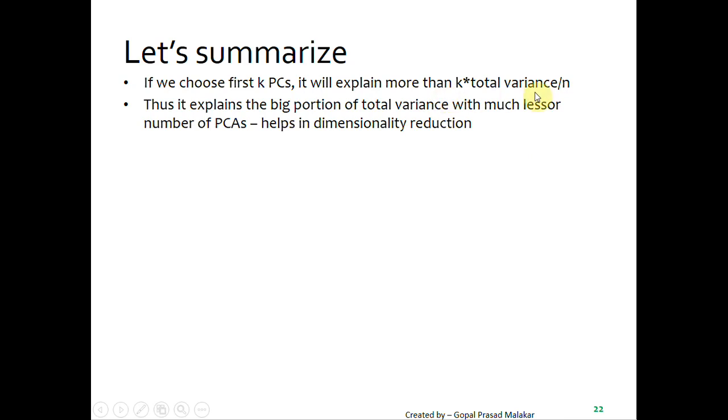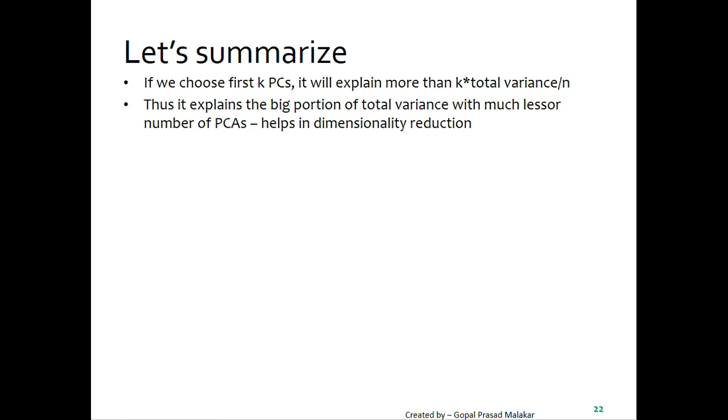The reason is that by very nature, the principal components are designed to explain the maximum variance in the data. 2 by 10 will give you 20%, but a big proportion of the total variance can be explained with a much smaller number of principal components. And that's what helps in dimensionality reduction.